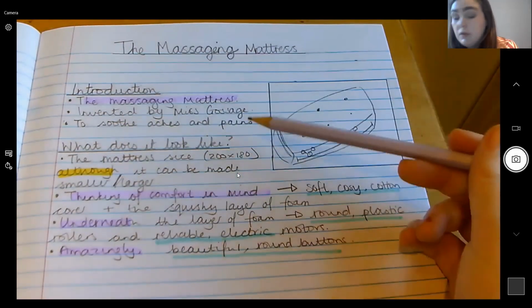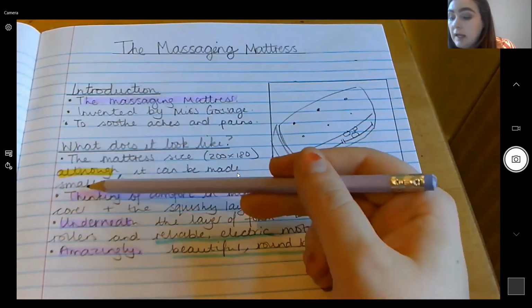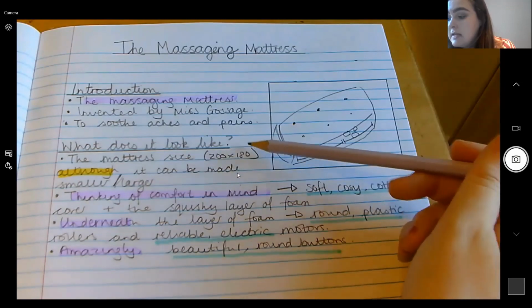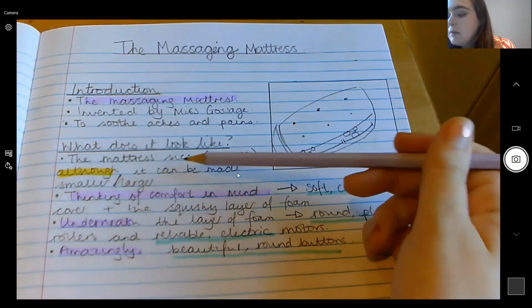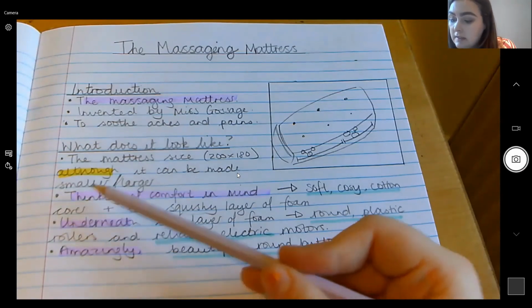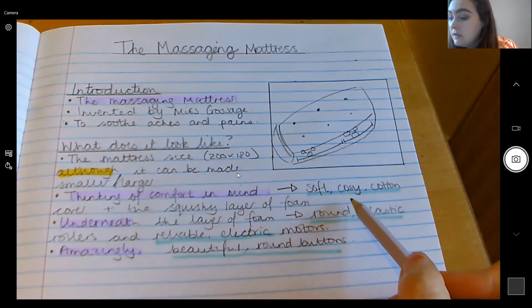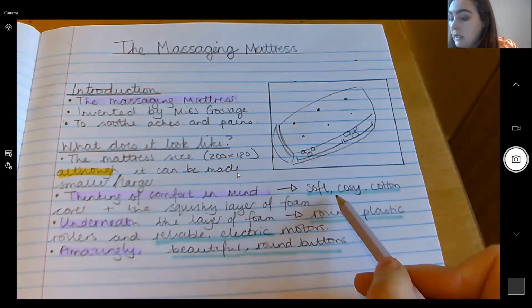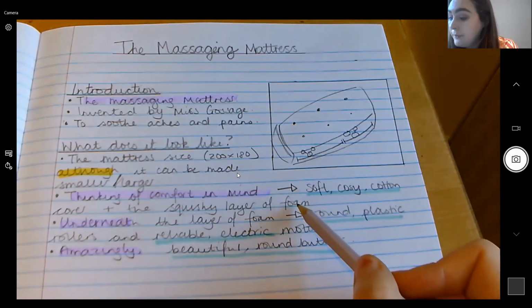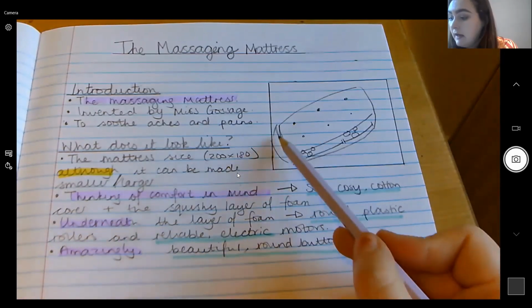Then moving on to my what does it look like? I've used my subordinate conjunction here by saying that the mattress size is this size, although it can be made smaller or larger. Then I've got an interesting sentence starter saying thinking of comfort in mind. And then I've used lots of adjectives to describe the cotton cover and the layer of foam. Then I've used a where sentence starter to say under the layer of foam.